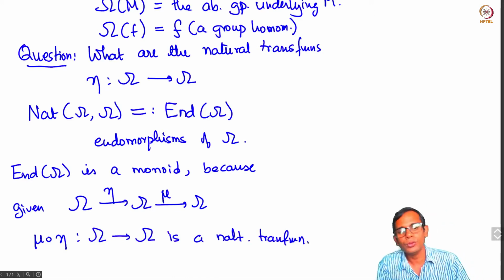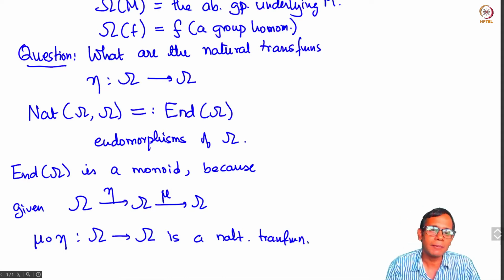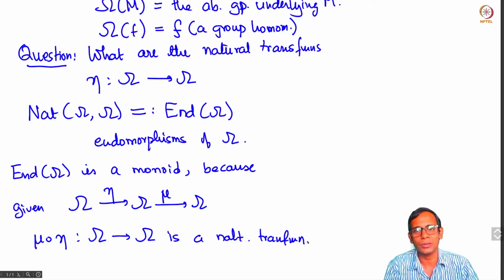And you can show that this composition law will satisfy the axioms for being a monoid. So the question is, can we describe this monoid of endomorphisms of omega? You can try to solve this yourself. Pause the video now and try to see what to do. It's a bit tricky, so you may need to look at the solution that I'm going to provide.